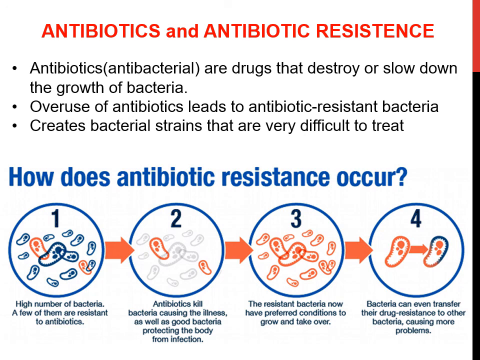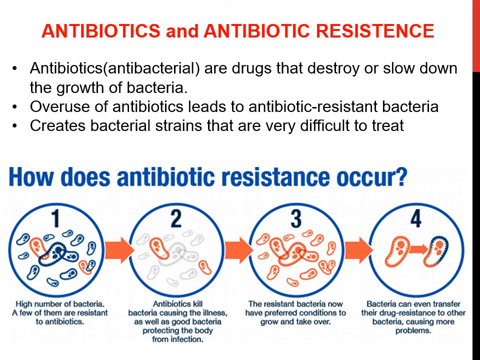Okay, so let's look at antibiotic resistance and how it occurs. In number 1 on this slide, you'll see that there's an assortment of bacteria, and most of them are going to be sensitive to antibiotics. So when an antibiotic is applied to the system, say in the body, it destroys most of the bacteria, and the resistant ones remain.